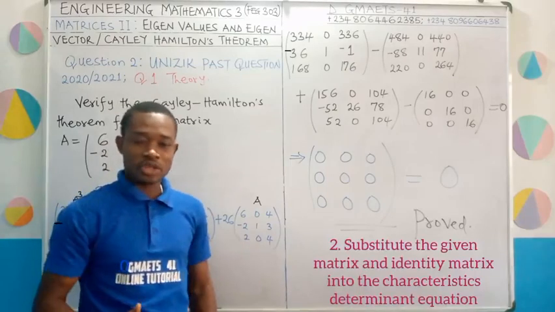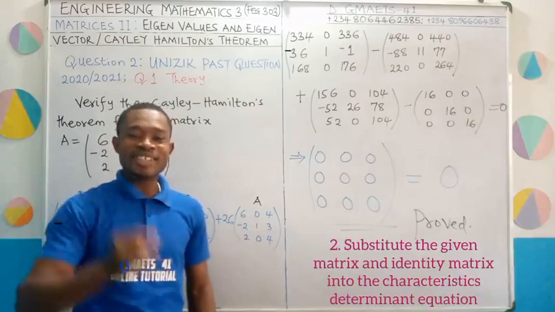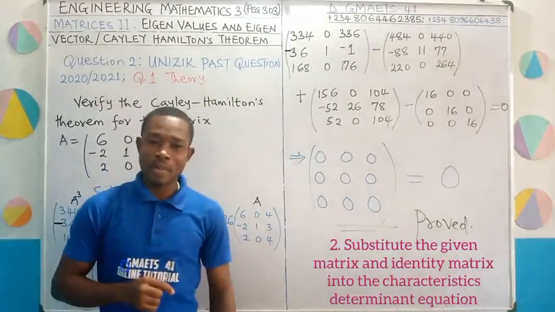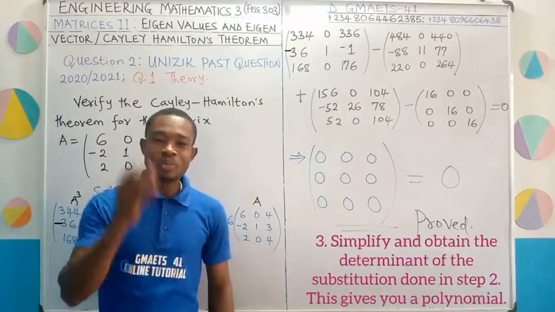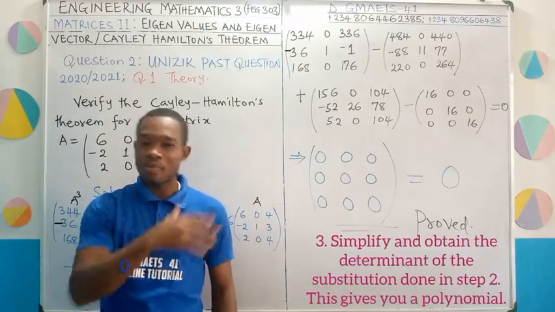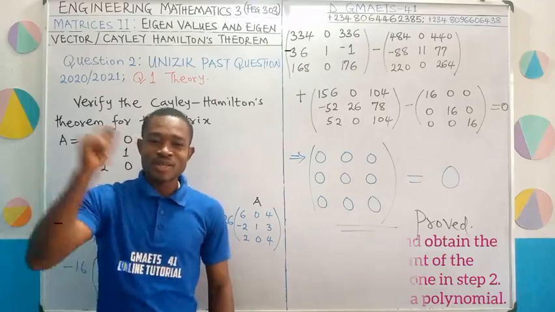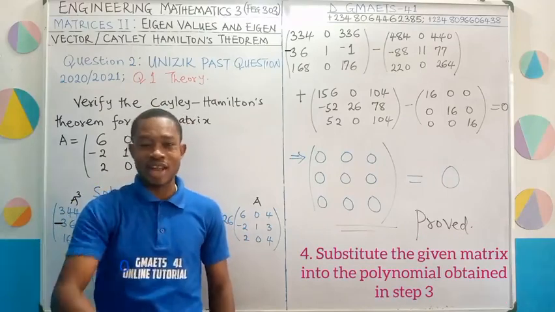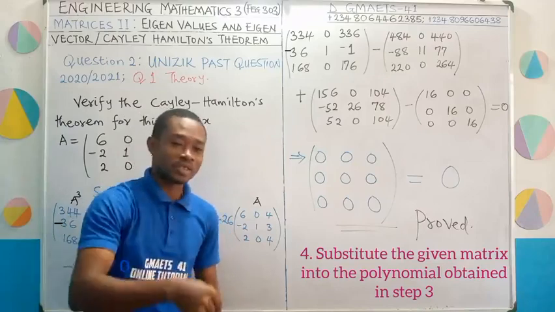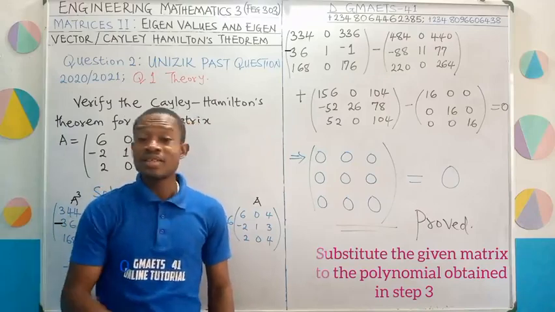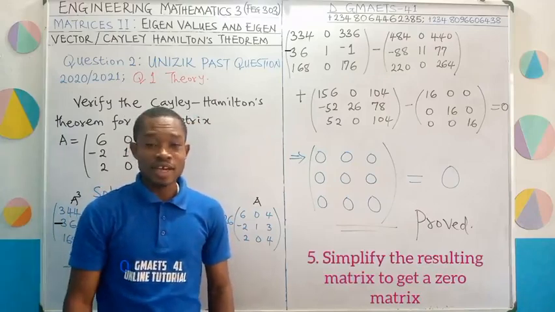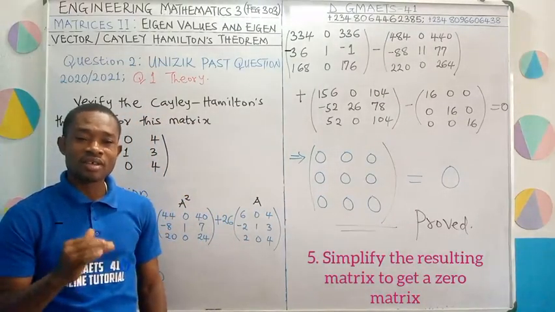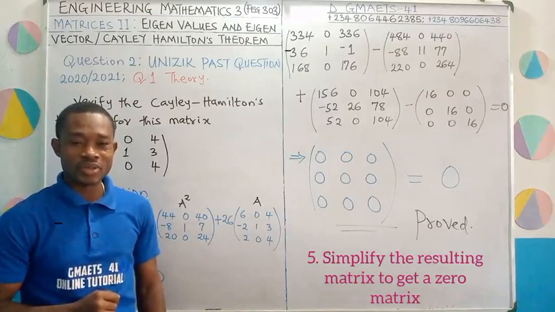Do your substitution using the matrix given to you, and the identity matrix whose order must be the same as the order of the square matrix you're dealing with. Obtain the determinant of that expression. Simplify and get a polynomial. Substitute the matrix for the variable you use in that polynomial, usually lambda, okay? Substitute the matrix into it. And then simplify whatever you get. As you do that, you will get a 0 matrix, and that verifies Cayley-Hamilton's theorem.